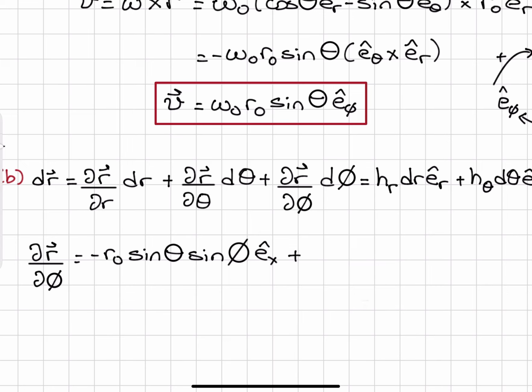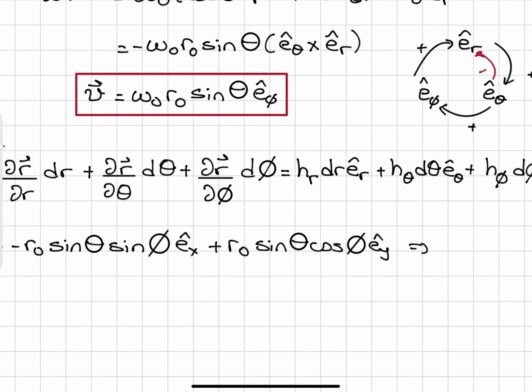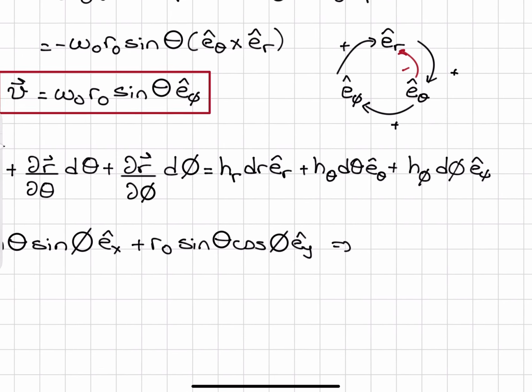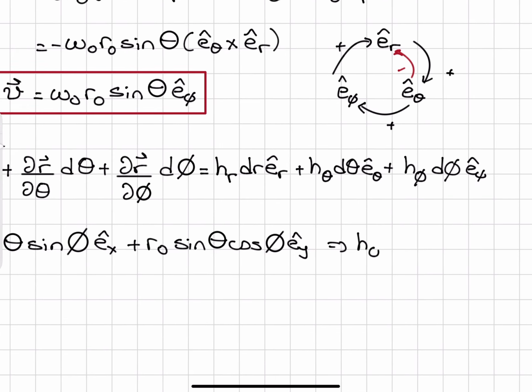Then I have plus r0 sine theta cosine phi in Ey hat direction. And the scale factor you can see here is, if I take r0 sine theta out of parentheses, I would get square root of sine square plus cosine square, which is 1.